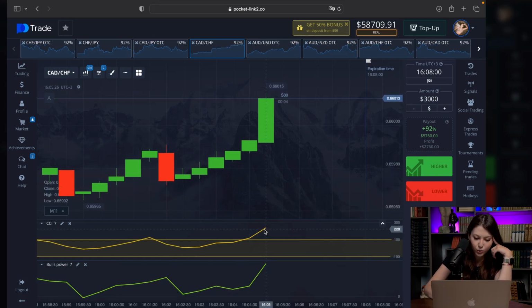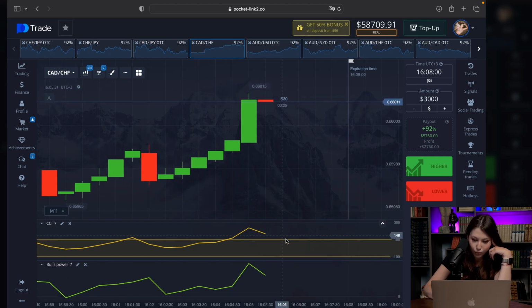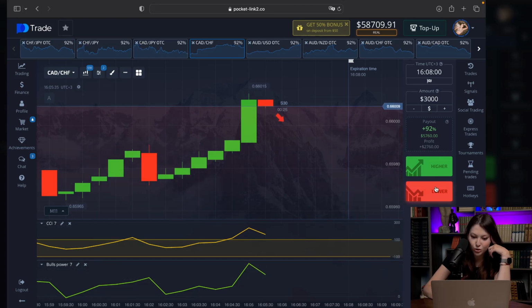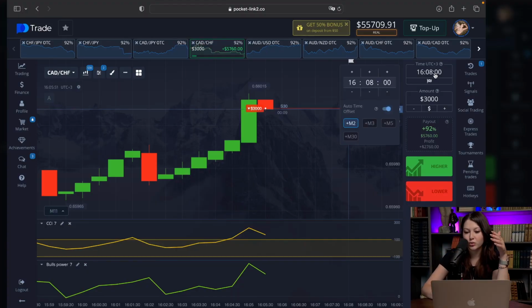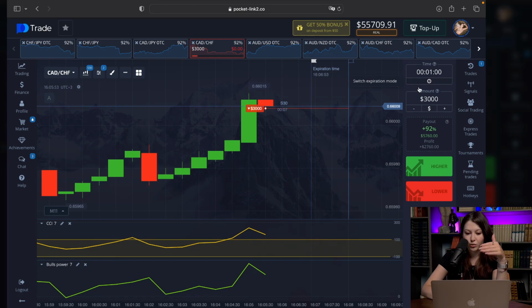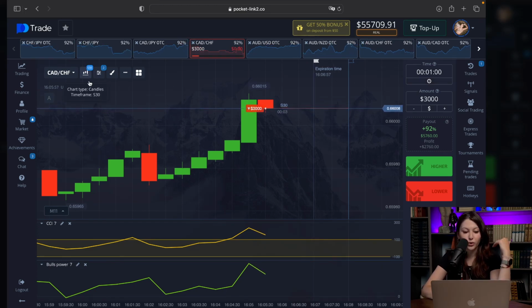On the SSY, the main line is far above the highest line, and on the Bulls Power, we have the breaking line situation. So we're gonna put the trade on, also for 3,000. I don't know, it was from the earlier trade, the amount of 3,000. And I usually use a timing of 1 minute. So the trade is going for 1 minute and the candles are for 30 seconds.